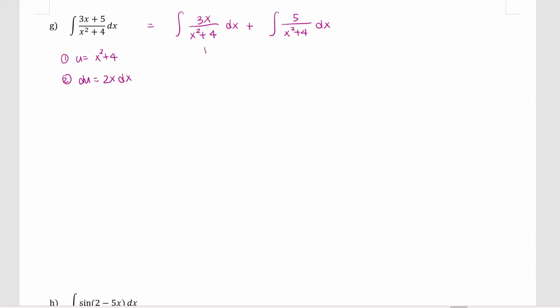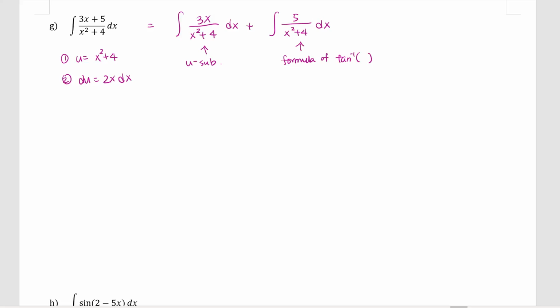So this guy, we can use U substitution to solve. And this guy is the formula of arctangent. You see, the denominator is x squared plus some constant. That corresponds to the formula of arctangent.